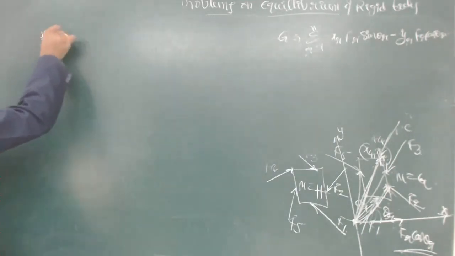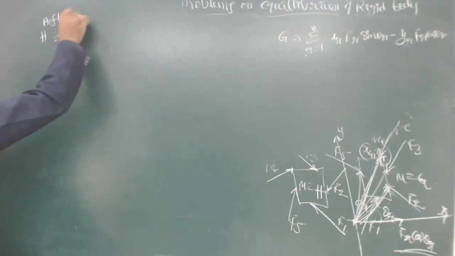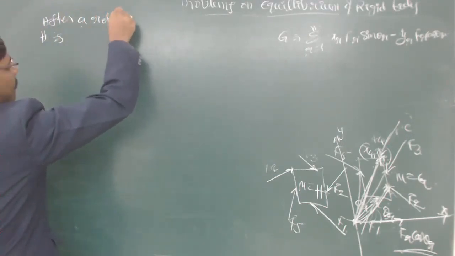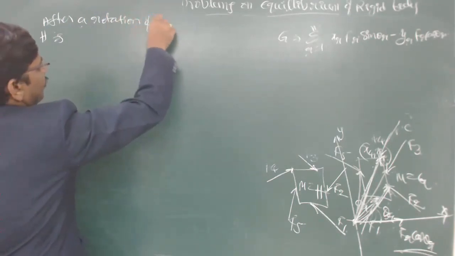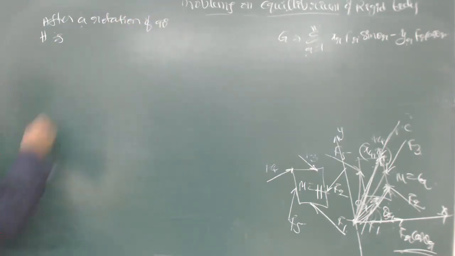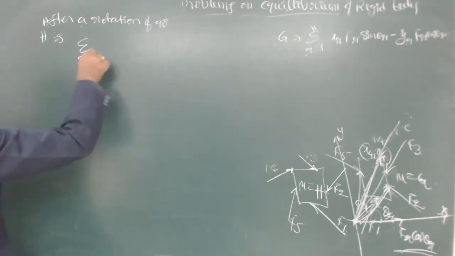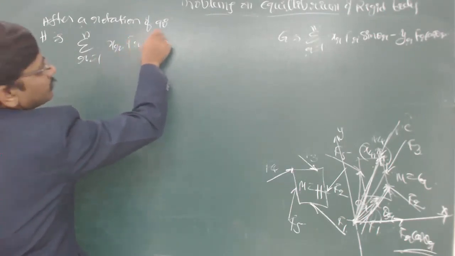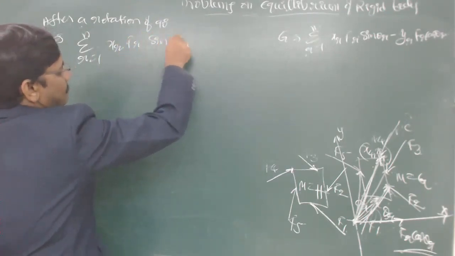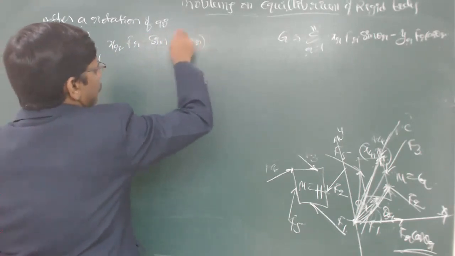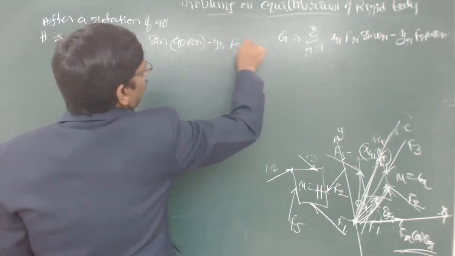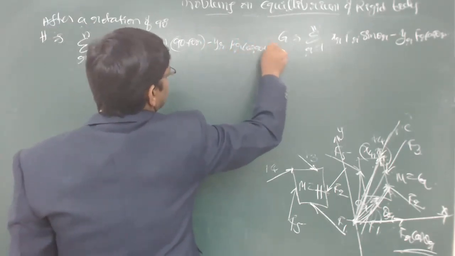Now the h value we can calculate. h is nothing but, after a rotation of 90 degrees, sigma r equal to 1 to n, xr into fr sin of 90 plus theta r minus yr into fr into cos of 90 plus theta r.